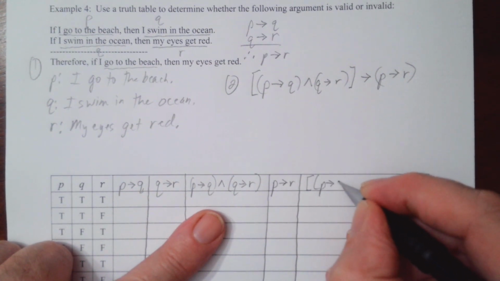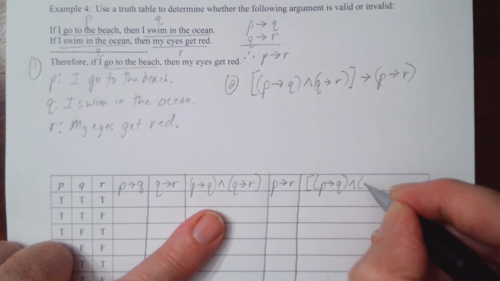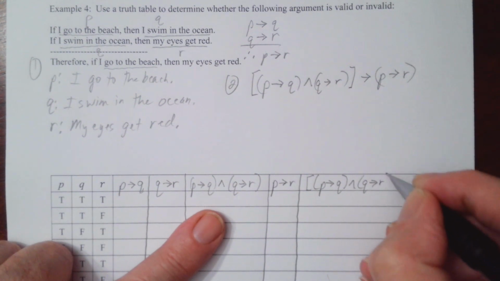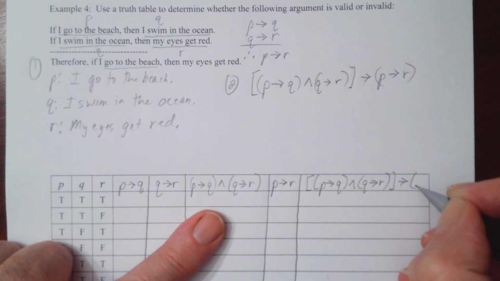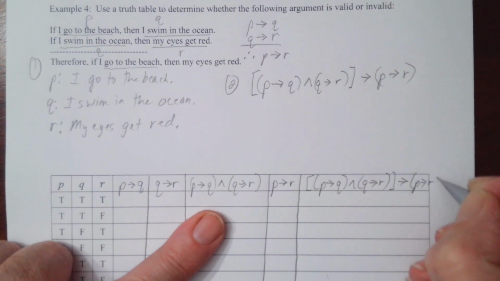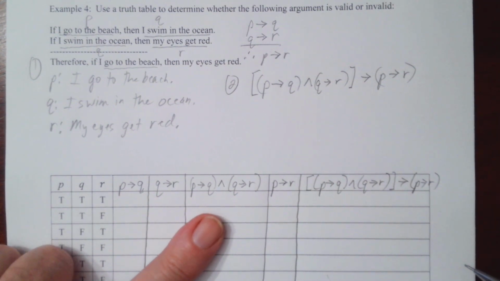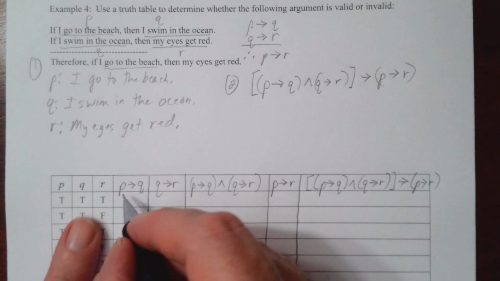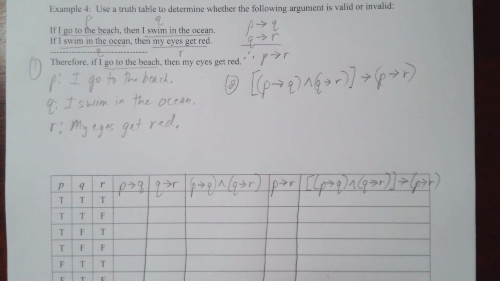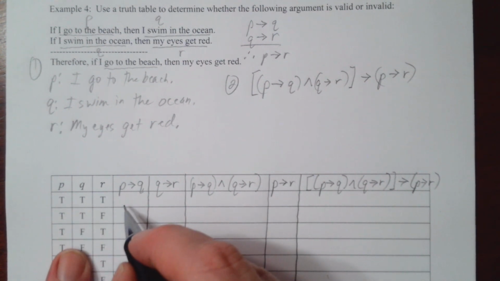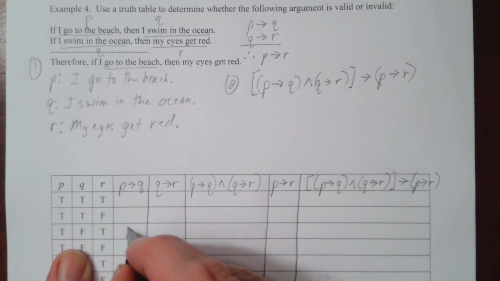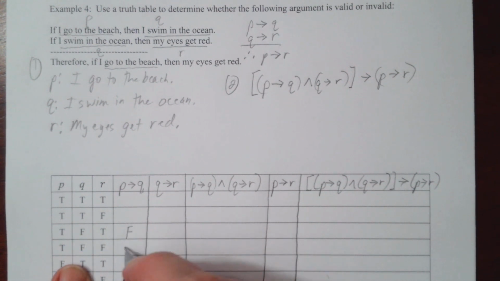So now we can put it all together. P implies Q and Q implies R. We want to know if that implies that P implies R. All right, so P implies Q. We're going to be looking at the P and the Q column. Remember, it's only false if you have a true false. So we have a true false here, so that's false, and a true false here, and that's it.